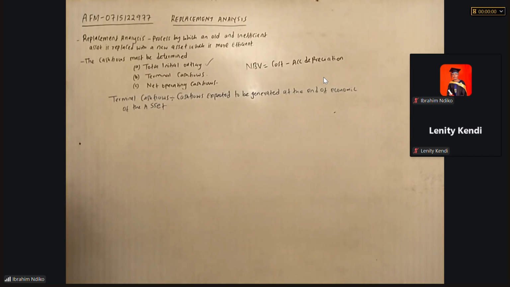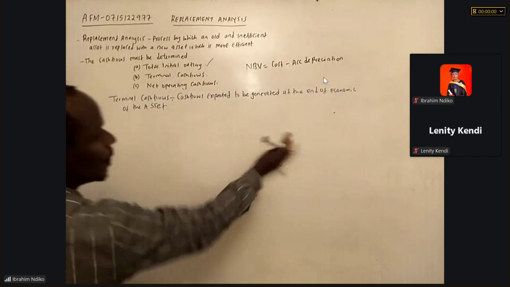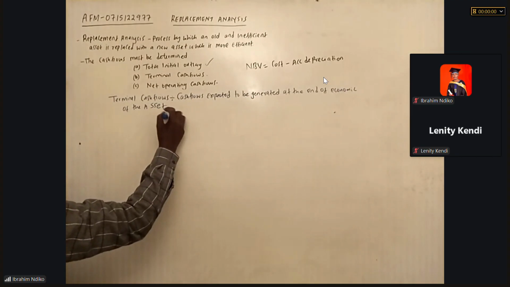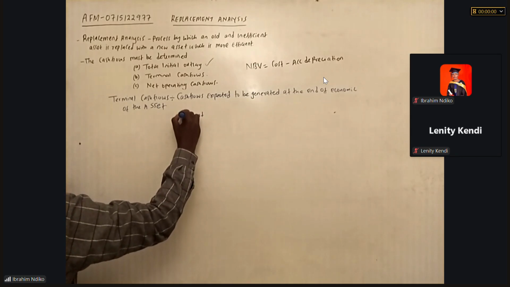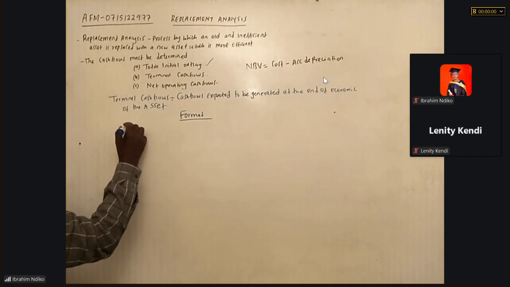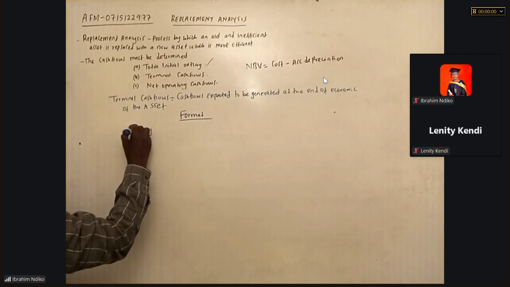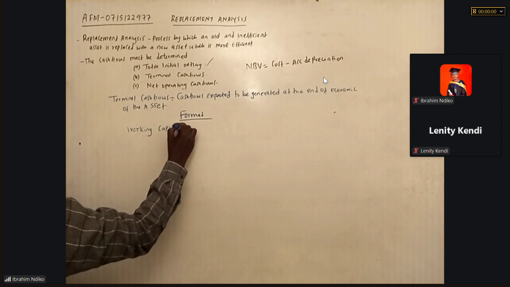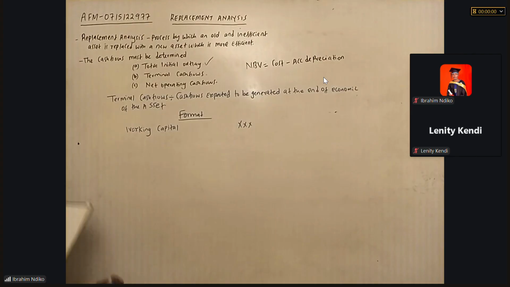The format is the same for both replacement and non-replacement. We start with the working capital.